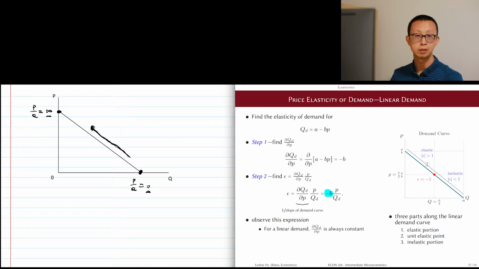What about in between? The constant minus B isn't changing at all. What we're changing is the ratio of P over Q that's continuously rising from 0 to infinity. So the elasticity also changes from 0 to negative infinity as we travel along this linear demand curve. And because elasticity changes from 0 all the way to negative infinity, there's bound to be a place where the elasticity is equal to minus 1.